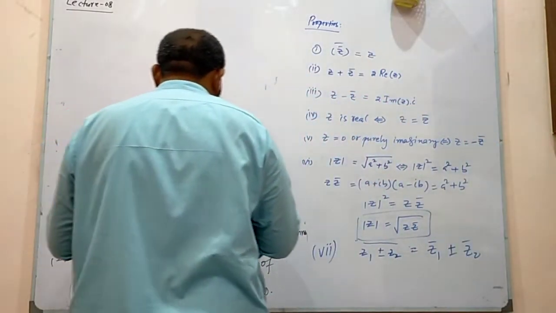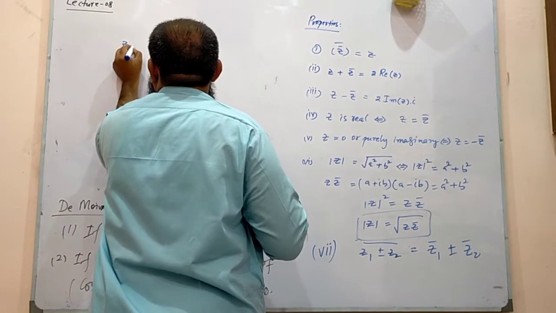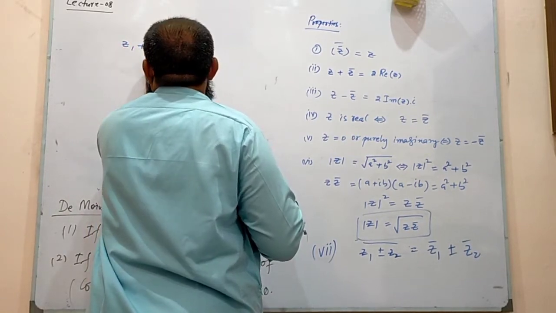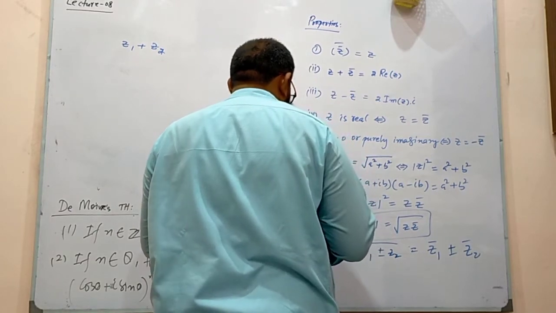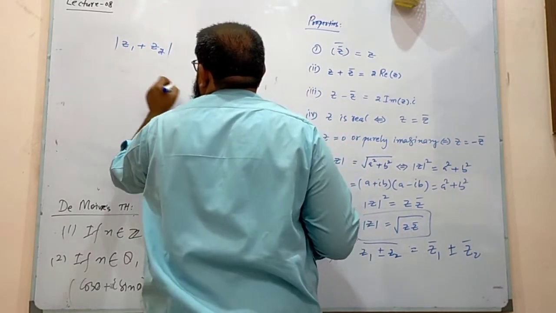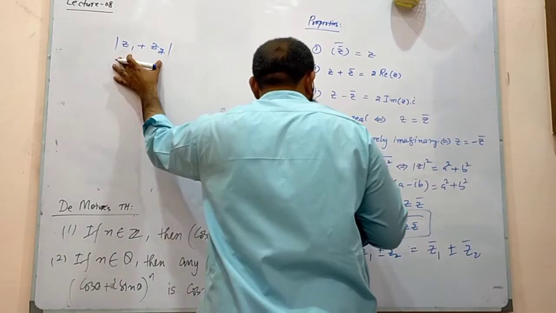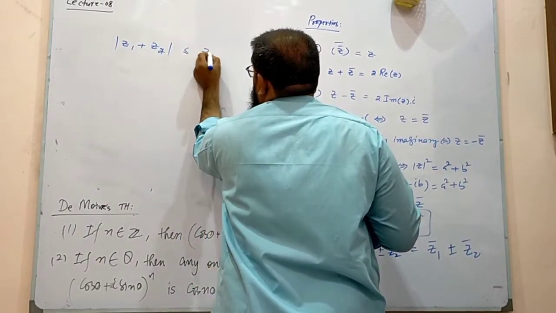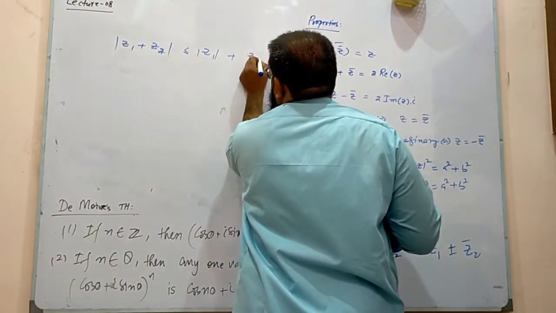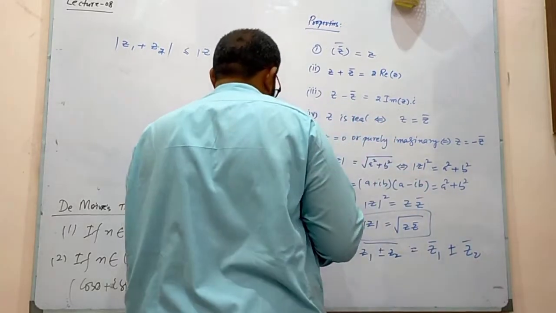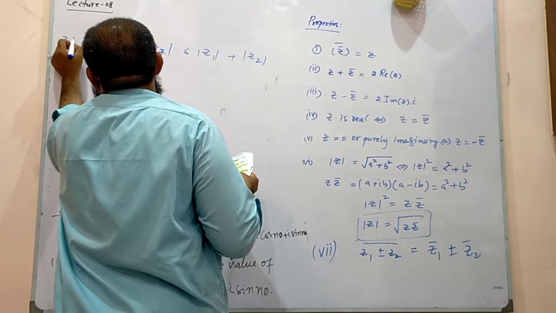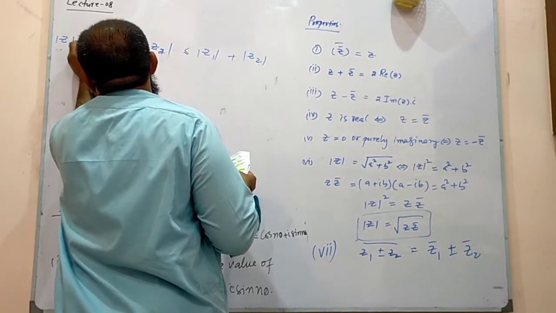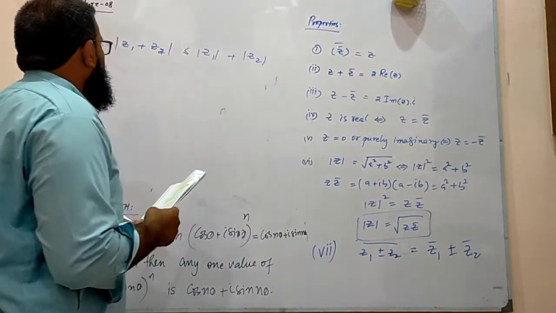It is simply: if you take two complex numbers, add them, and take their modulus, it is less than or equal to modulus of Z1 plus modulus of Z2, and is greater than or equal to modulus of Z1 minus modulus of Z2.